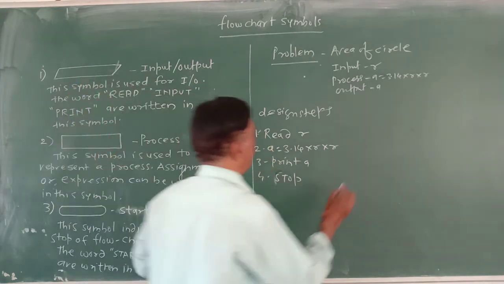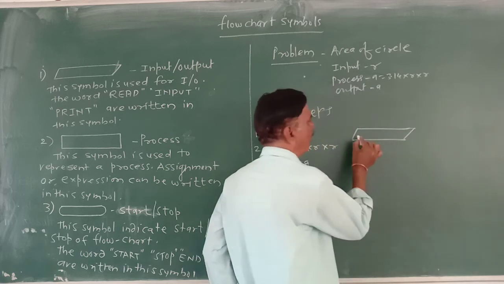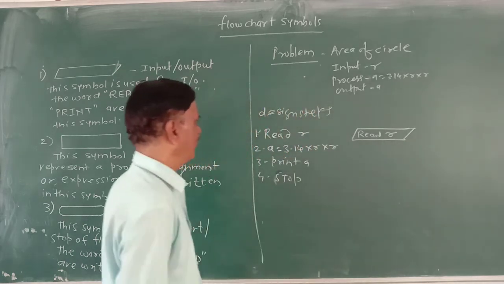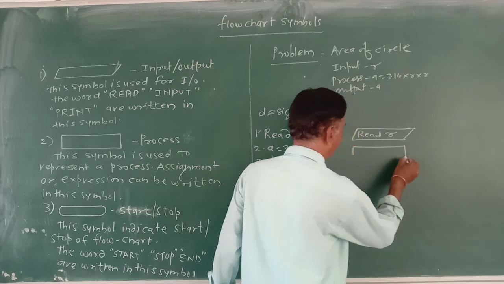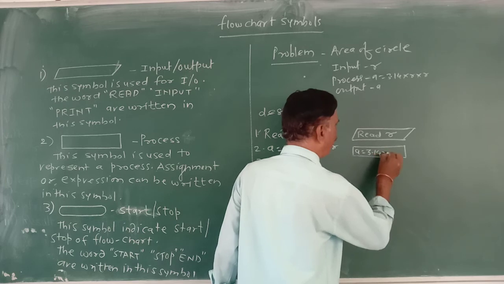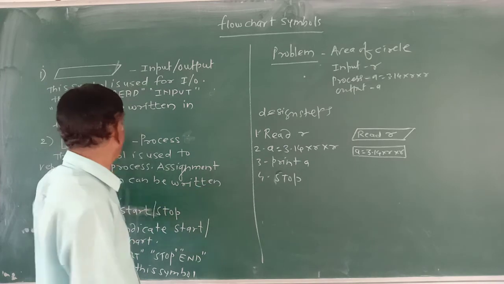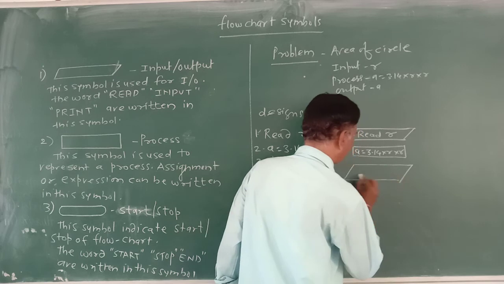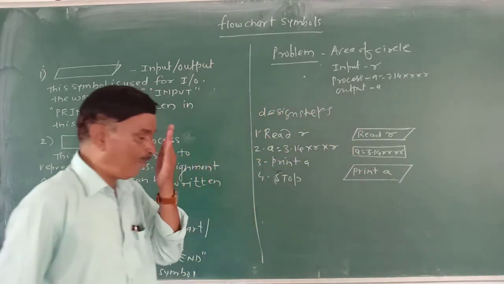This is the input, and for input this symbol is there. We write read R. This is the symbol for process: A is equal to 3.14 into R into R. This is print, that is output, and for output the same symbol is used: print A. But how is the flow?